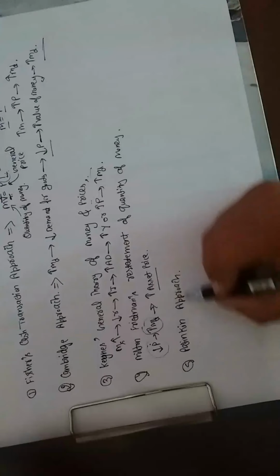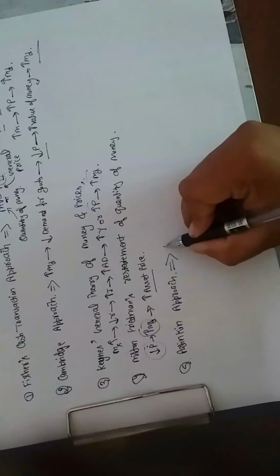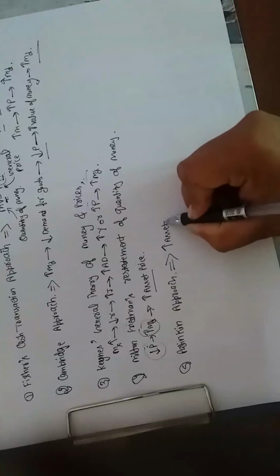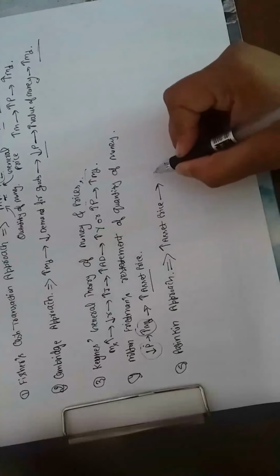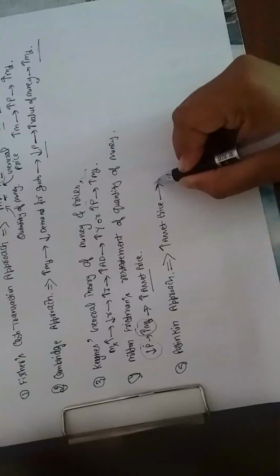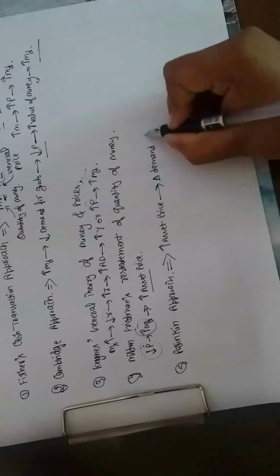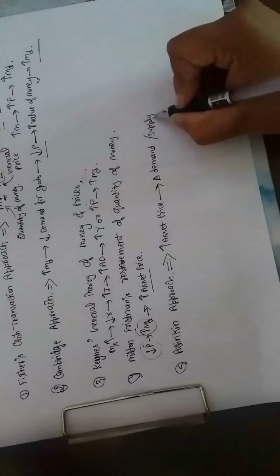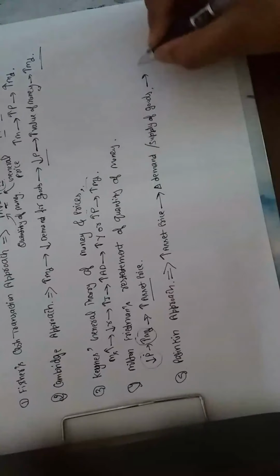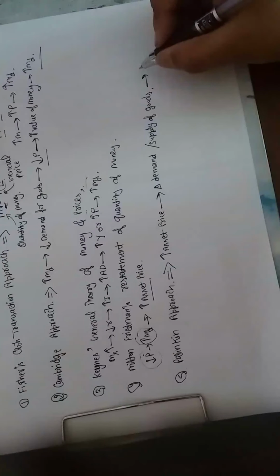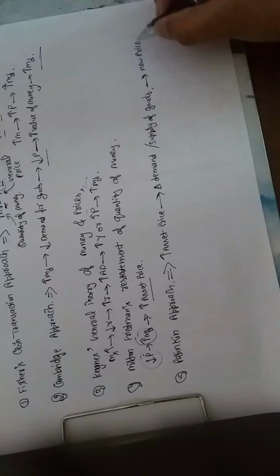And next, in Patinkin approach, increased asset price leads to change in demand and supply of goods. This leads to new price determined.